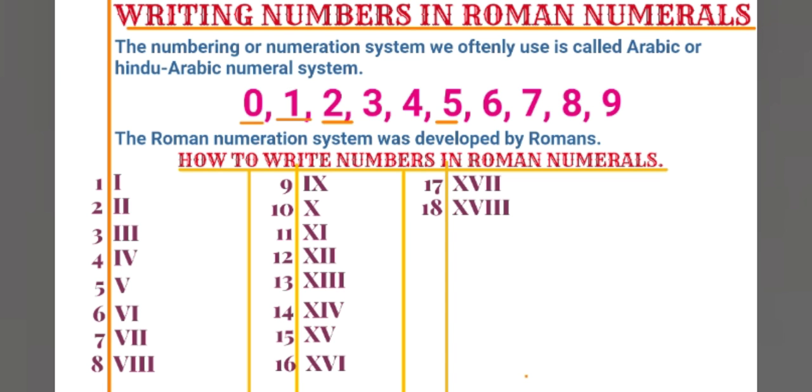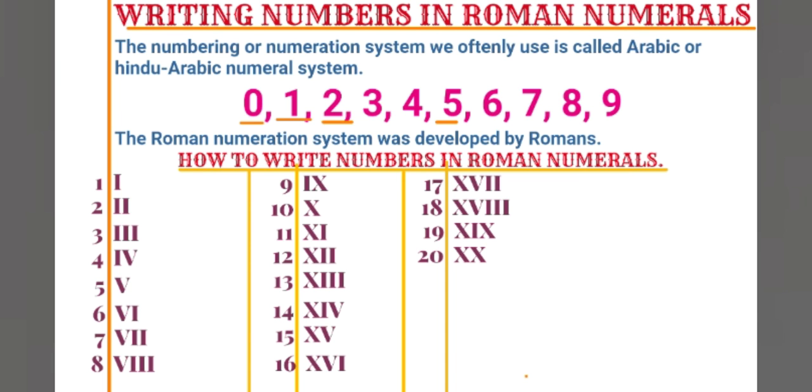Yes, it's 1 capital X, 1 capital V with 3 capital I's. What about 19? Obviously, 19 has 1 capital X with 1 capital I and X. In 19, I would be sandwiched between 2 X's. As you see now, the I is like a sandwich between 2 X's.